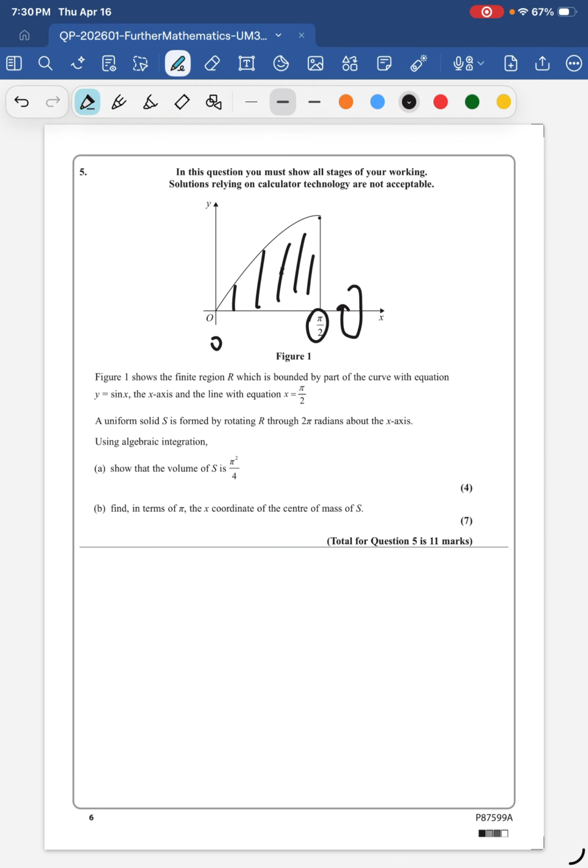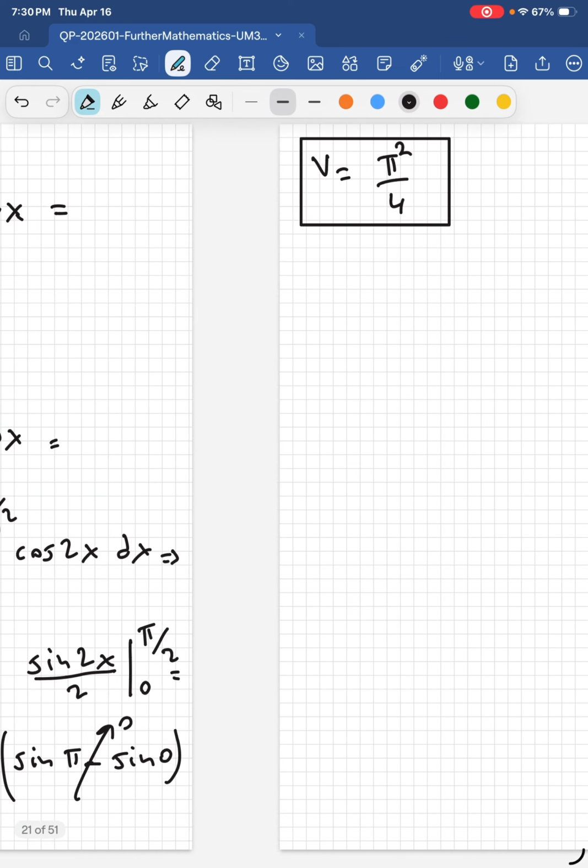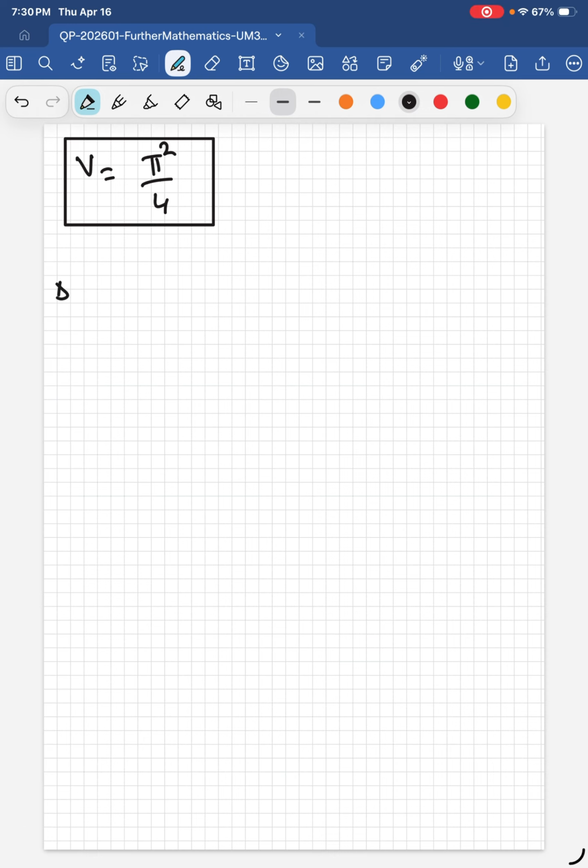Part B, find in terms of pi the x-coordinate of the center of mass of S. Okay, again we will need to use standard formulas. So for part B, we have x, and I'm going to denote it like that for the center of mass, is equal to pi, and then the integral of 0 to pi over 2 of x times sine squared x dx.